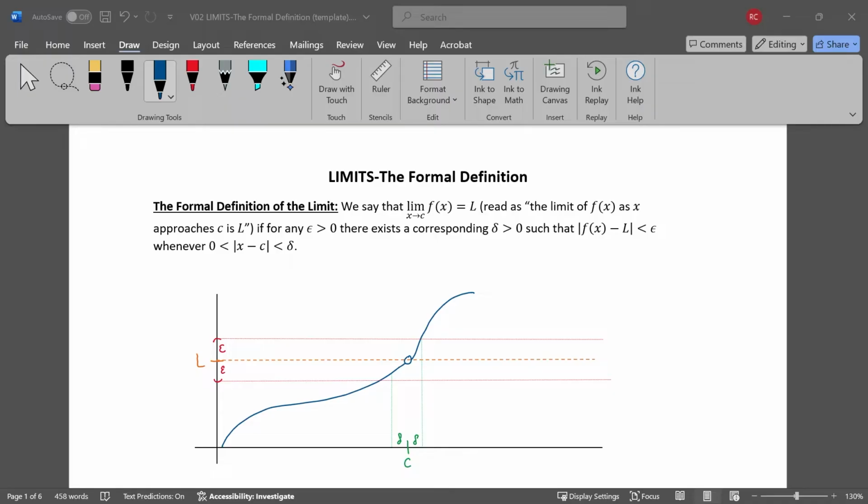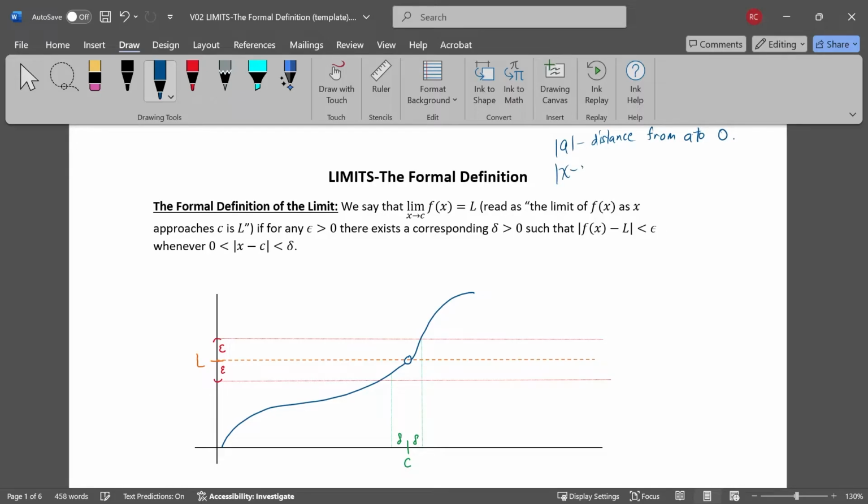So we're going to start by going over the formal definition of the limit, but before we do that, I just want to remind everybody about how we should be thinking about the absolute value bars in this notation. So remember, when we write the absolute value of a, this means the distance from a to 0.